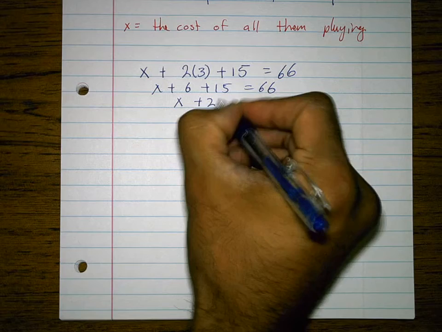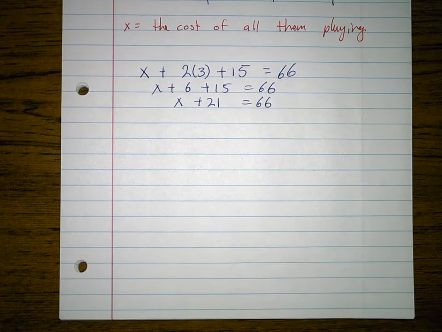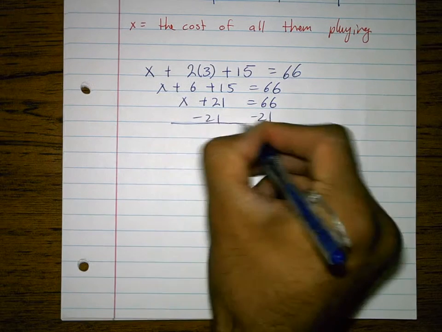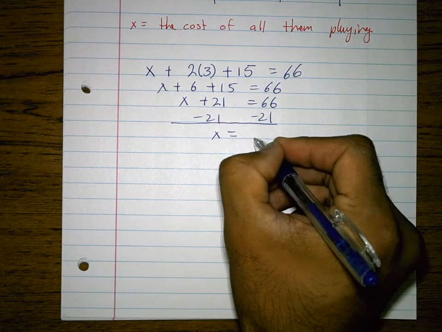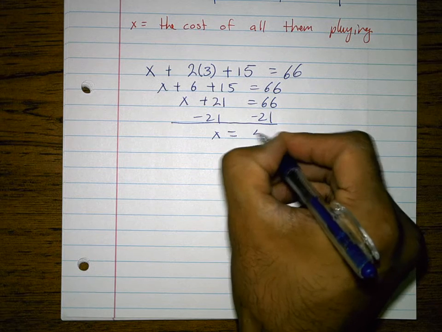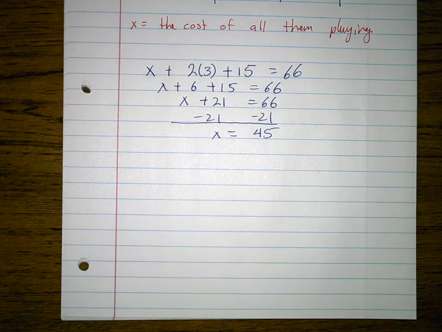X plus 21 equals 66. All right, now I'll go ahead and subtract 21 from both sides, and X equals 45. So they paid $45 to actually bowl.